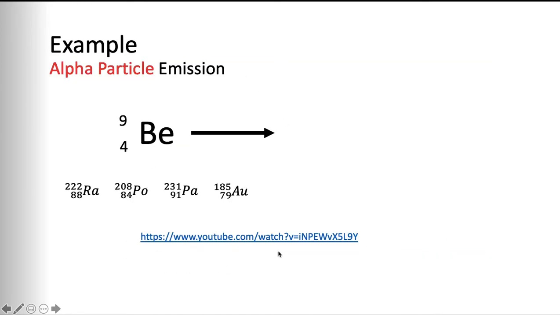Now, I have made several videos that show each of these emissions and how to balance these equations. So I have 1, 2, 3, 4, 5 examples with alpha particle emissions and how to balance these, how to figure out the new element, or how to figure out which emission it is if you're given the original element and the new one, or how to come up with the original element if you're given the new element and the type of decay.